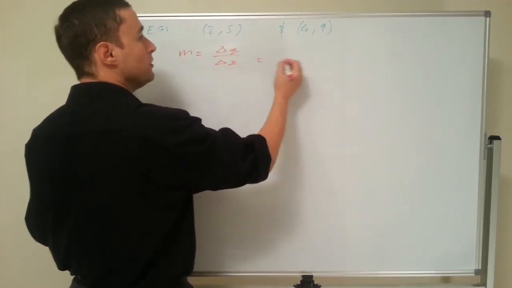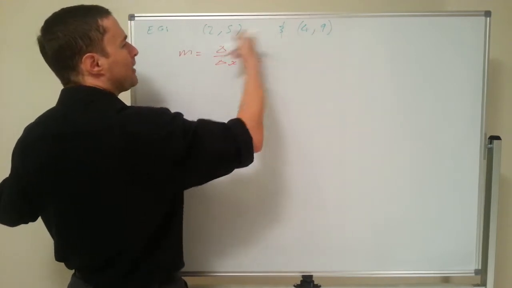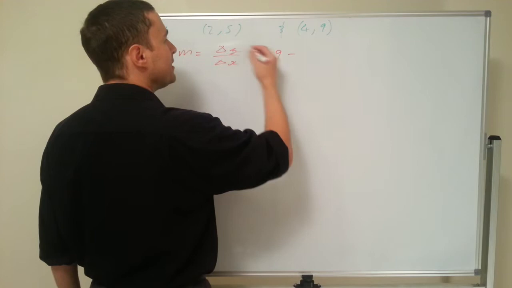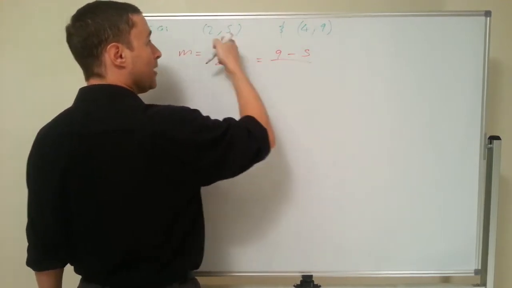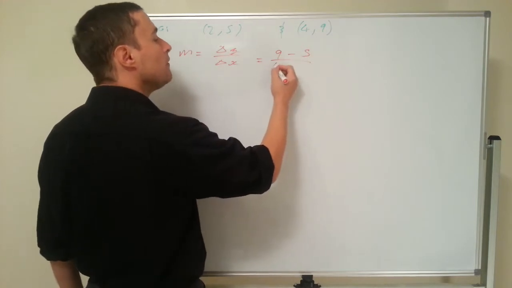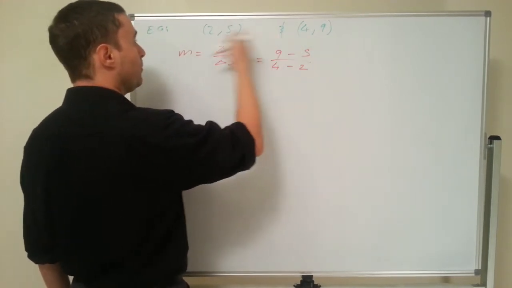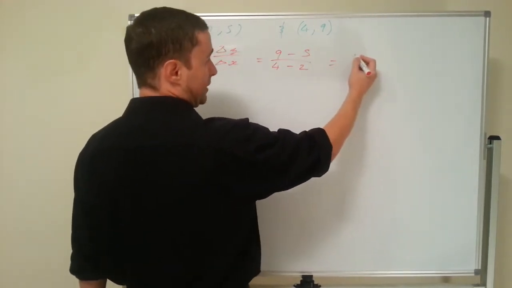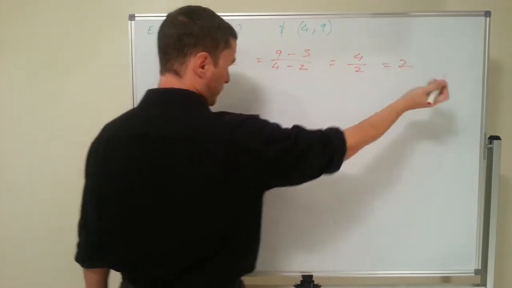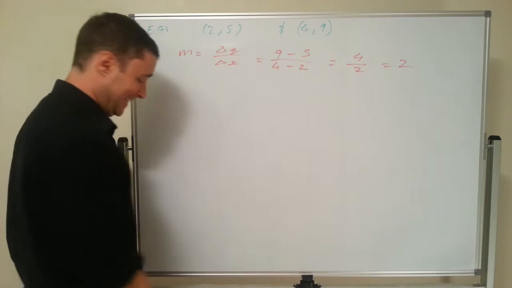Let's put him first, just so I can get a big number on top. Doesn't make a difference. 9 minus 5. I've put him first on the y, so he has to go first on the x's. 4 minus 2. 9 minus 5 is 4, 4 minus 2 is 2, 4 divided by 2 is 2. The gradient is 2. Fantastic.